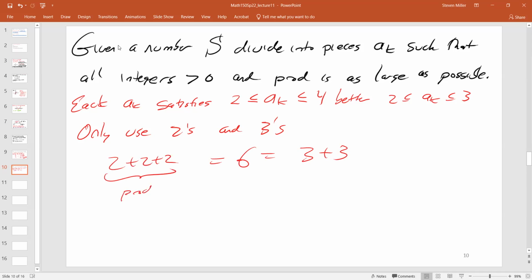What's the product? 2 plus 2 plus 2, the product of those 3 factors would be 8. What's the product of 3 and 3? 9. So it's better to have two 3s than three 2s. Two 3s beats three 2s. So you basically want to use as many 3s as you can, and if you have something left over, then you have 2s.